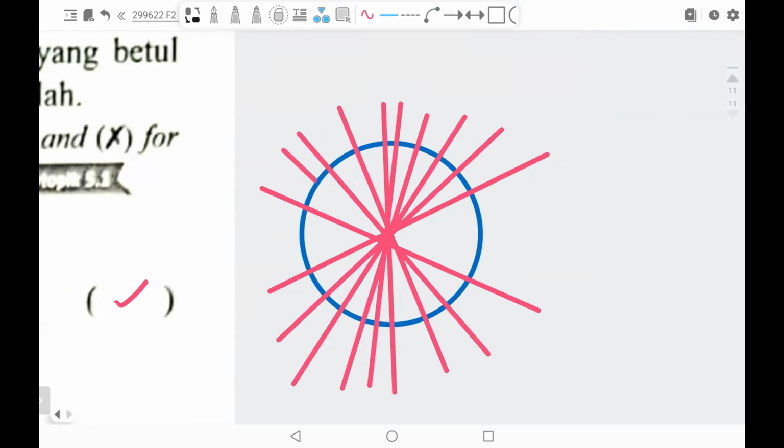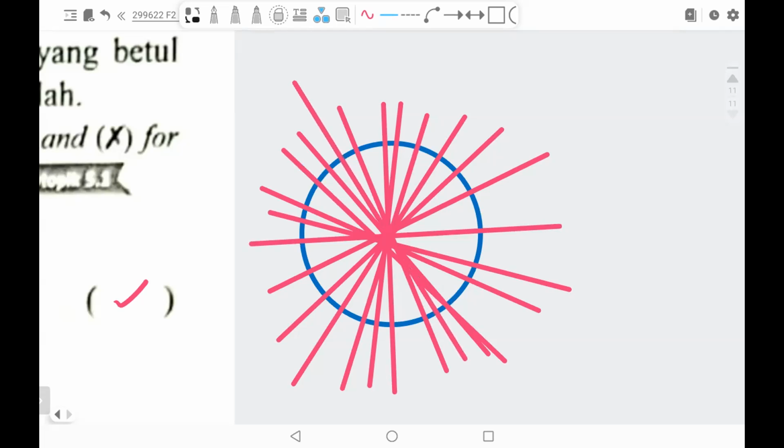As long as there is a line passing through the center, then it is known as diameter, and also axis of symmetry. You can cut. I can do it until tomorrow. Because as long as you can form, I will say stop. Too many, we cannot count. If not, I can do until tomorrow already.